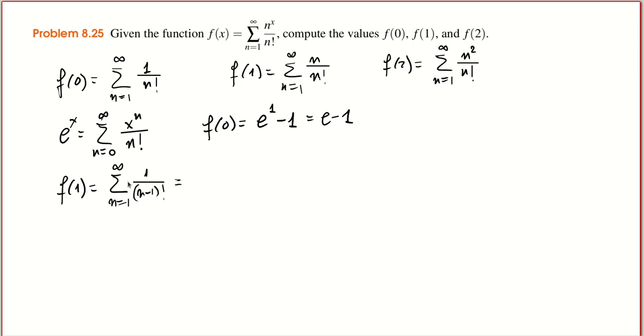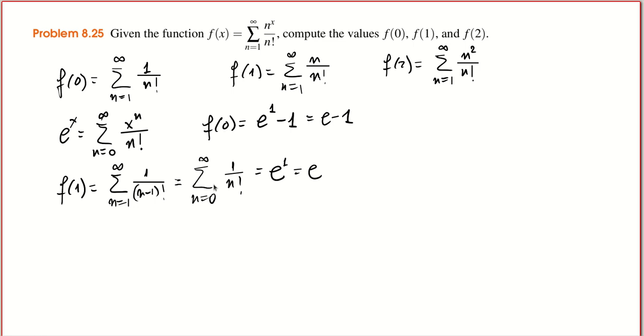And if you just shift the indices, 1 unit down here and 1 unit up here, what you have is the sum from 0 to infinity of 1 over n factorial, which is e to 1, or e. Now it begins at 0, so there's no problem of adding or not the first term. All right, this is one way.